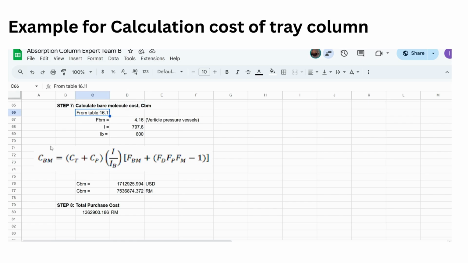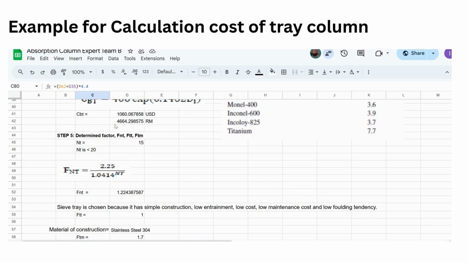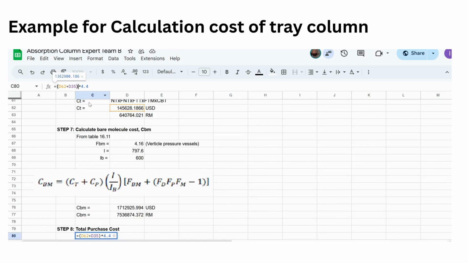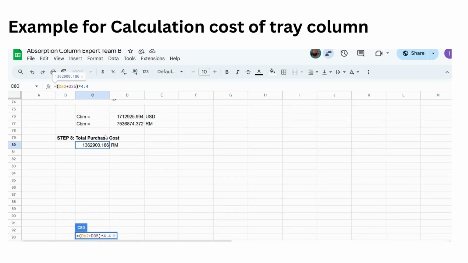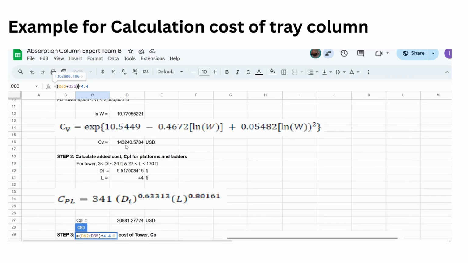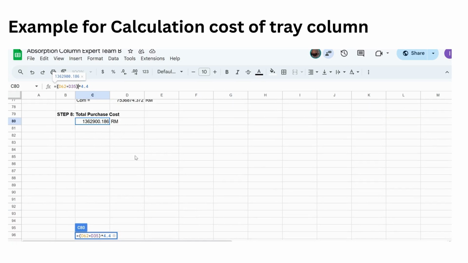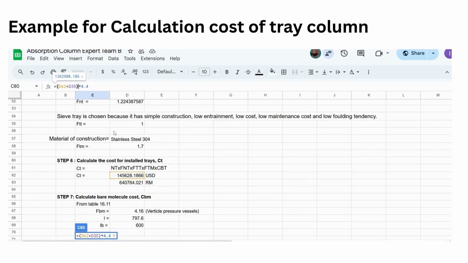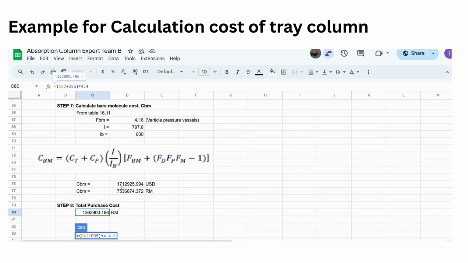Substitute it into these equations and we will get the CBM. So the total cost will be CBM plus CT, if I'm not mistaken, times 4.4, which is the Ringgit Malaysia conversion.